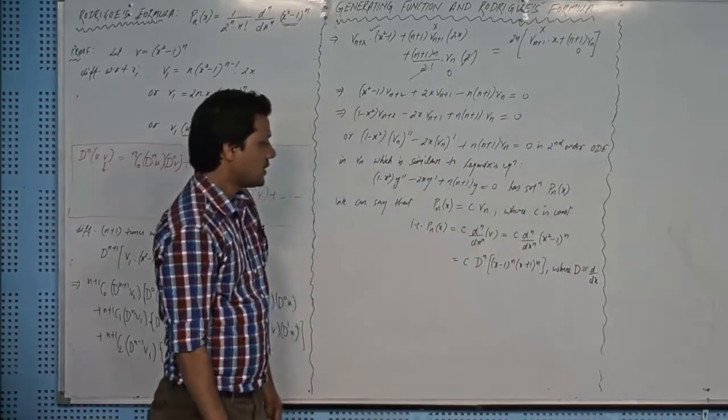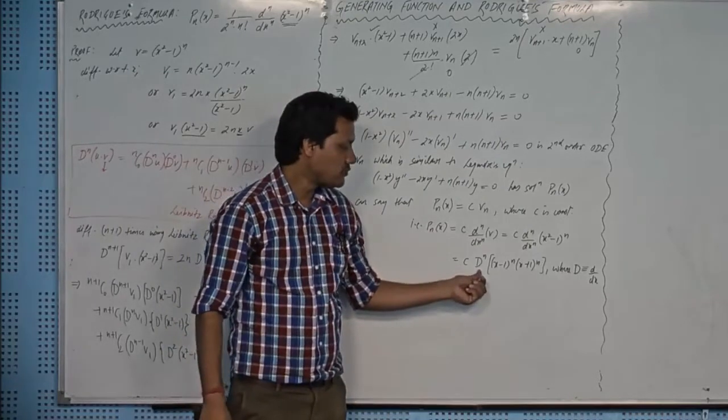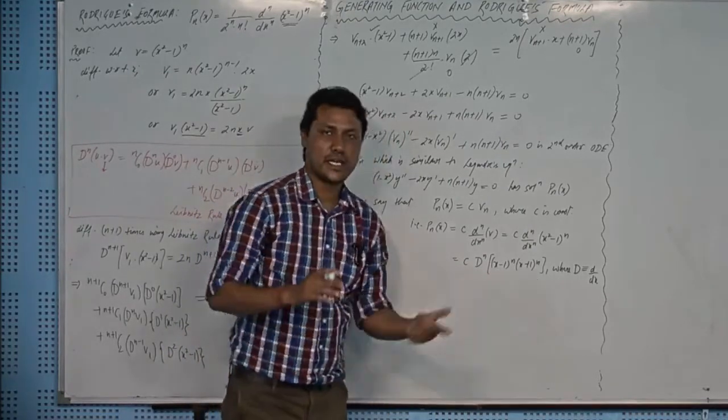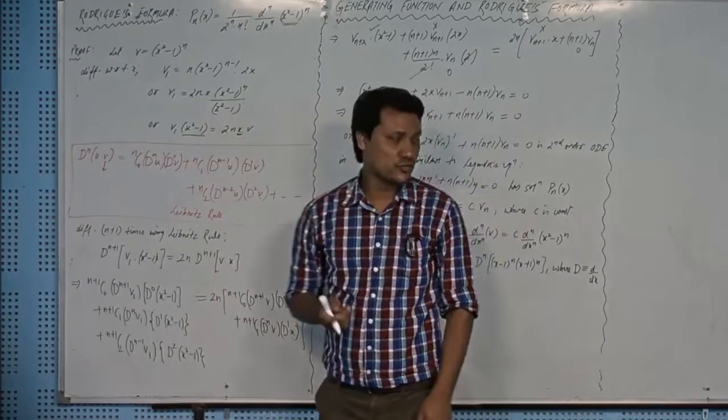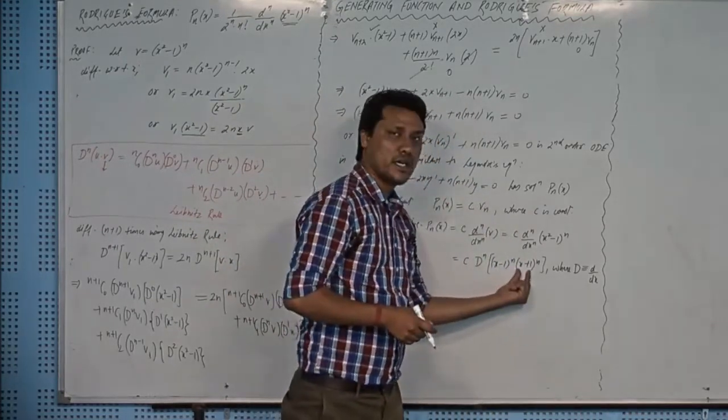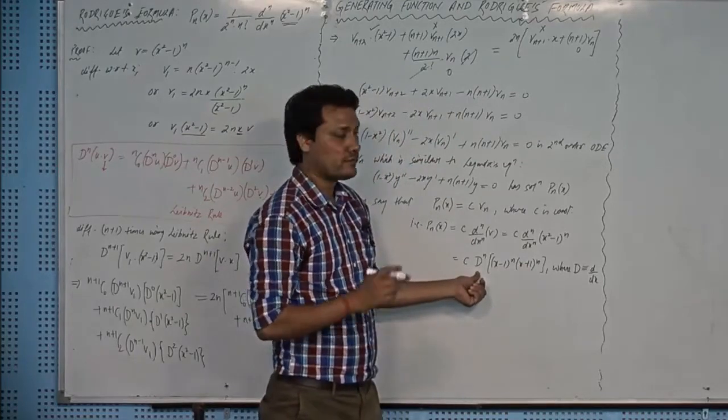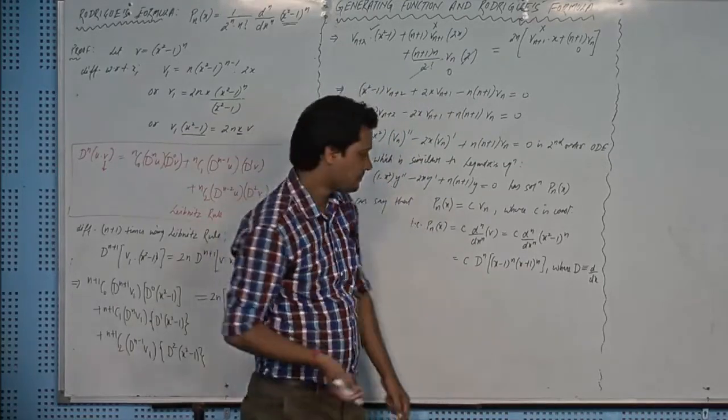Now again we are at a situation where we have to find the nth derivative of some function. Again I have to rely on this Leibniz rule. We have two functions, this is u, this is v, and I have to find the nth derivative of the product, so I have to use that Leibniz rule again, right?